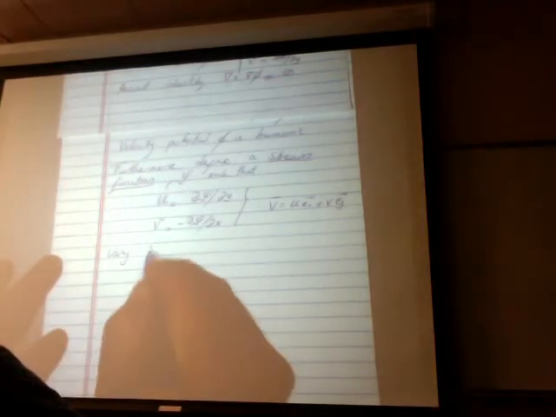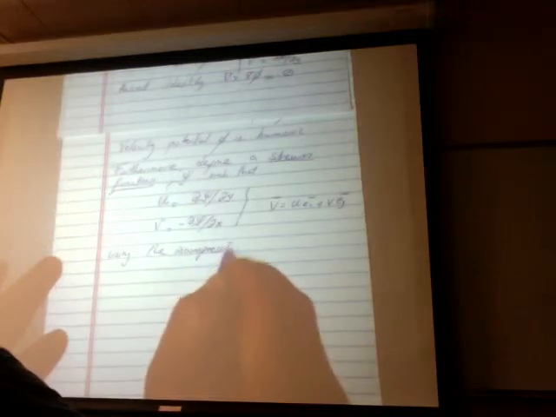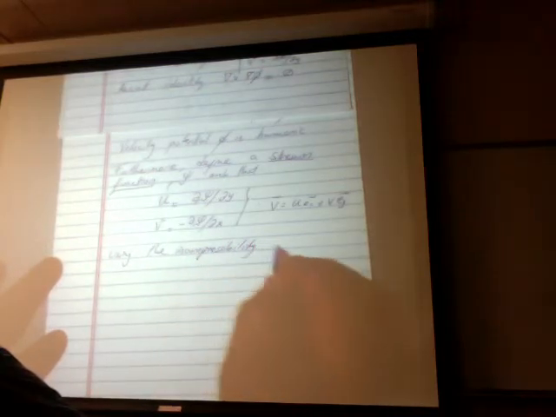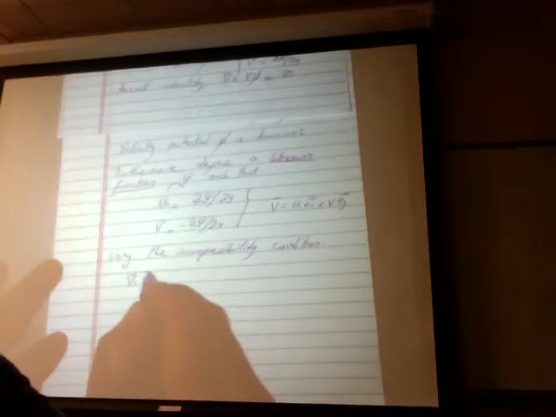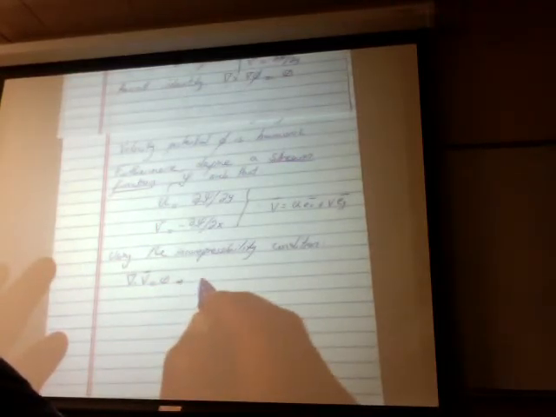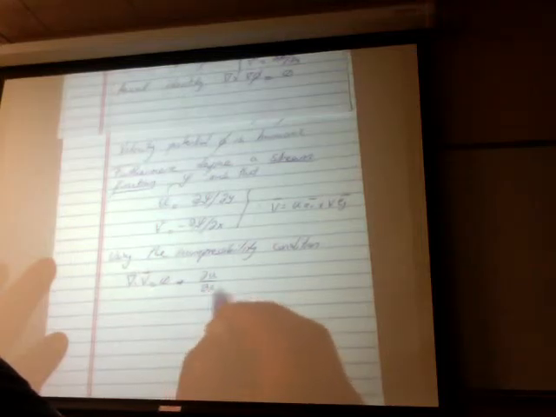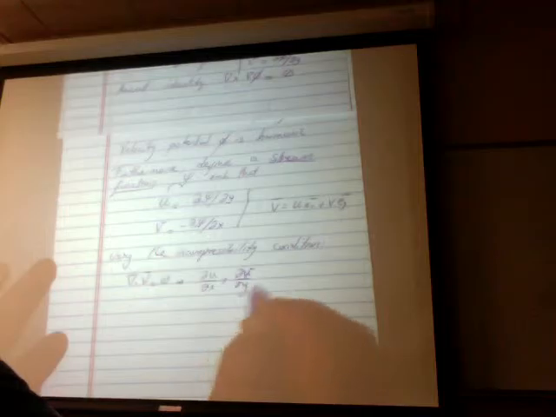Using the incompressibility condition that says that this is equal to 0, du dx plus dv dy is equal to 0.